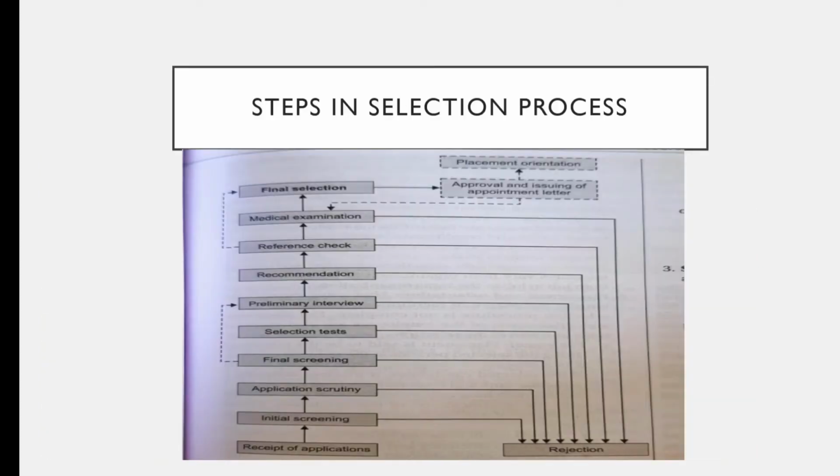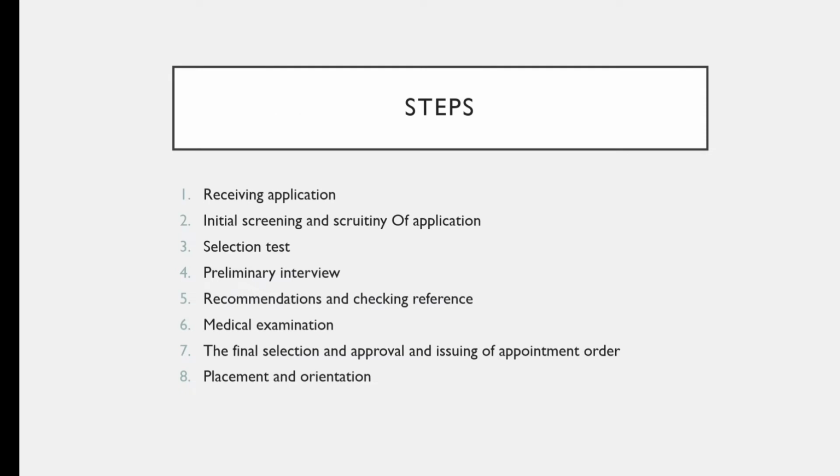Second step is the application scrutiny. All completed applications are checked by the scrutiny committee. They are checking the completion of the application form and looking for any gap or any date or any incomplete filling of the columns.